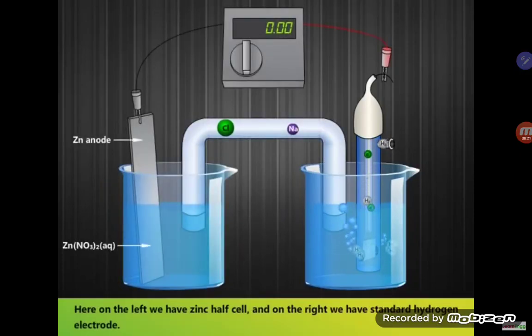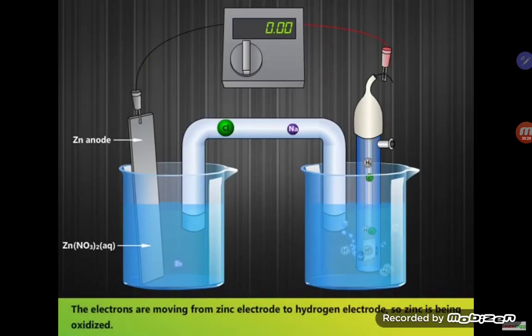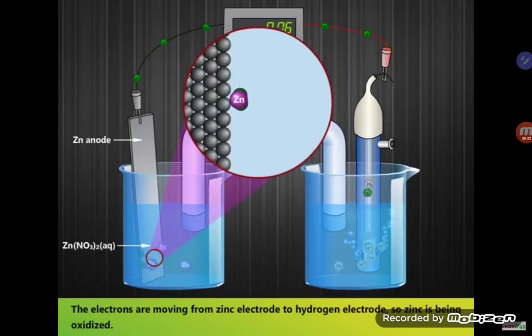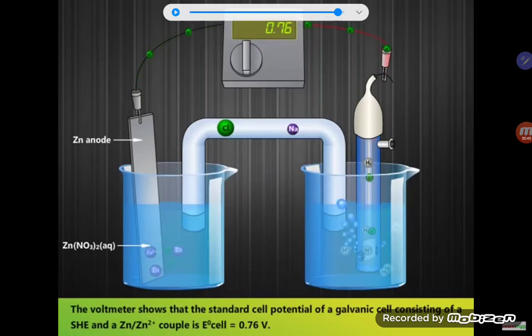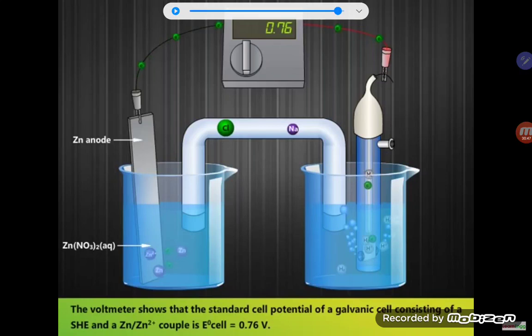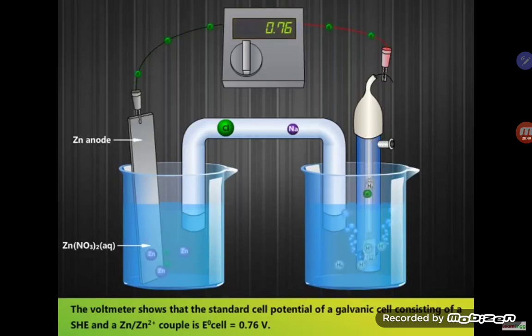Here on the left, we have the zinc half cell, and on the right, we have the standard hydrogen electrode. The electrons are moving from the zinc electrode to the hydrogen electrode. So, zinc is being oxidized. The voltmeter shows that the standard cell potential of a galvanic cell consisting of a SHE and a Zn by Zn2 plus couple is E cell equal to 0.76 volt.